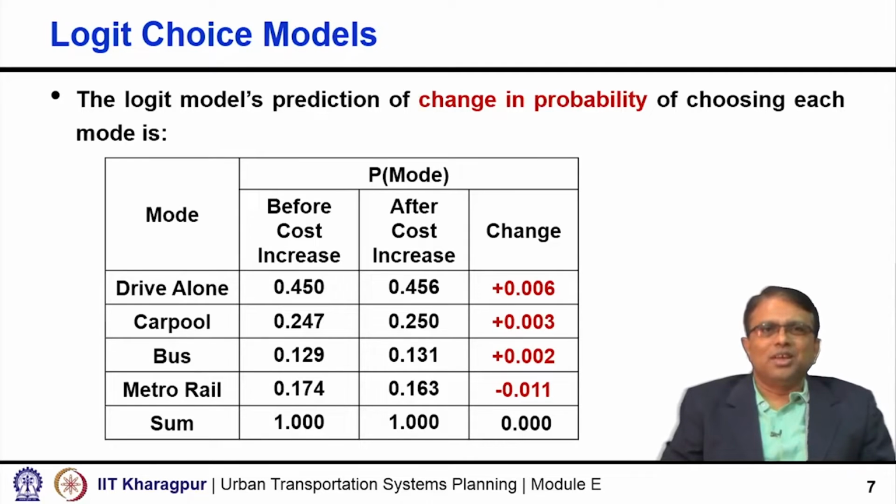Look at this, metro rail there is a reduction by 0.011, and where the shift has happened, okay, metro people are using less. Where are they going? They are going 0.002 to bus, 0.003 to carpool and 0.006 to drive alone.